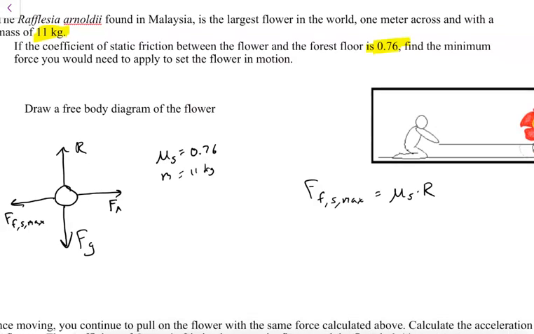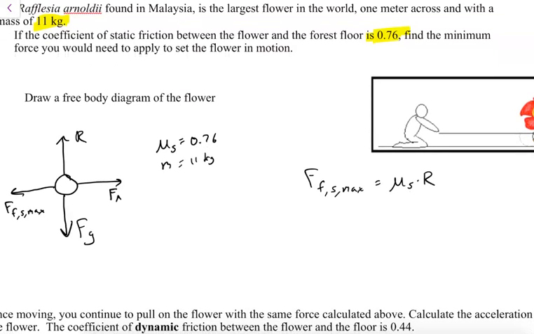So we just need to find our force of gravity, therefore our normal force. So R is equal to Fg, and that's equal to mass times gravity. So we have 11 times 9.8, and that's 107.8. So R is equal to 107.8 newtons.